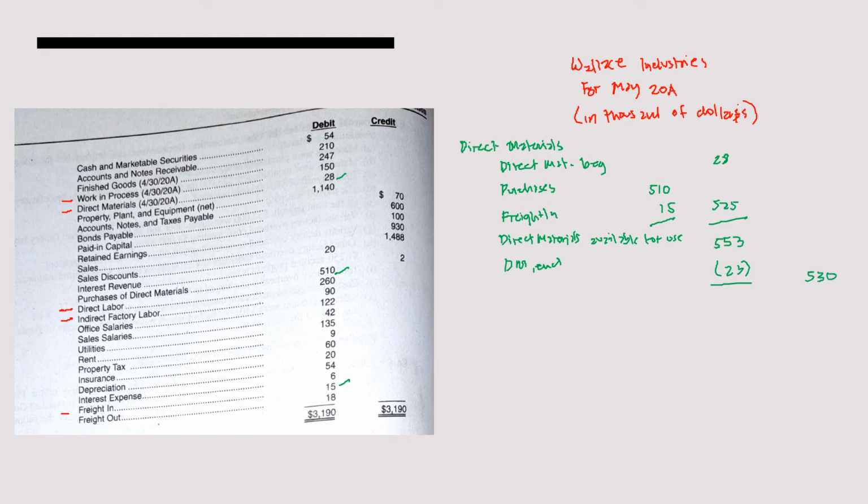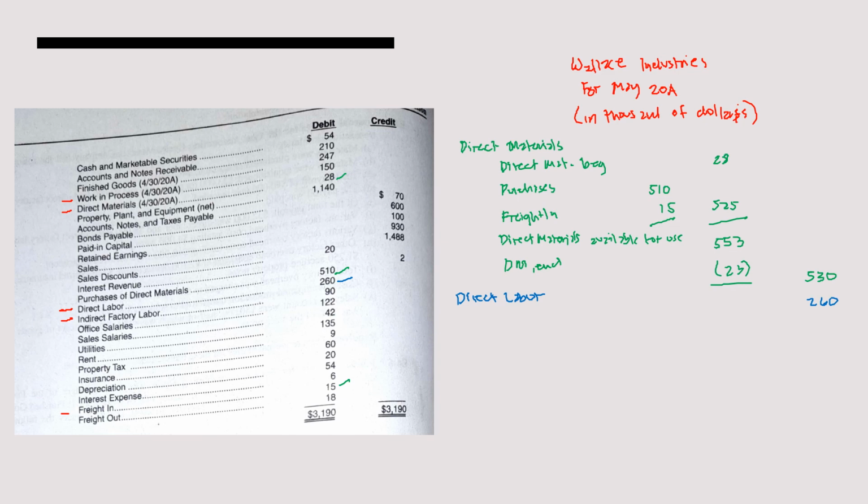And then our direct labor, as indicated in the trial balance, is 260. And then let's compute for the factory overhead, FO.